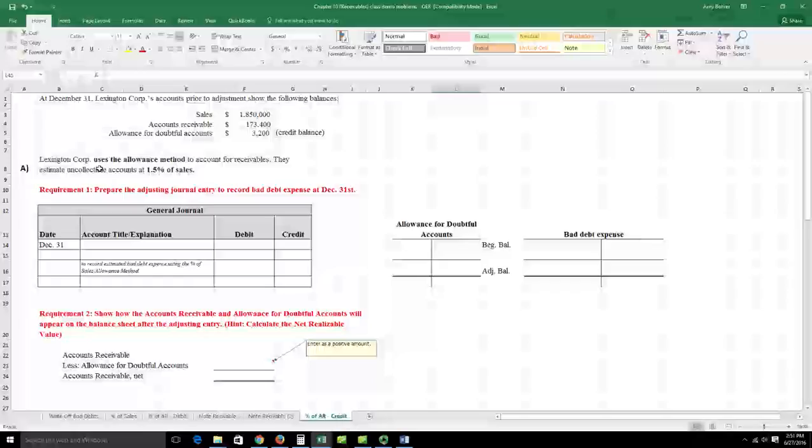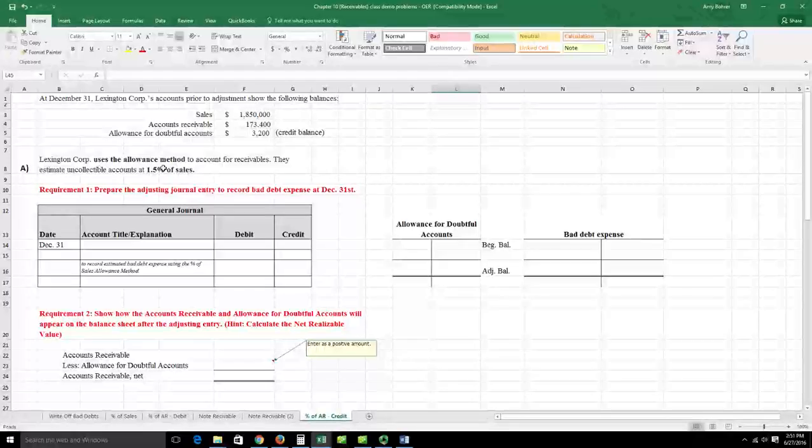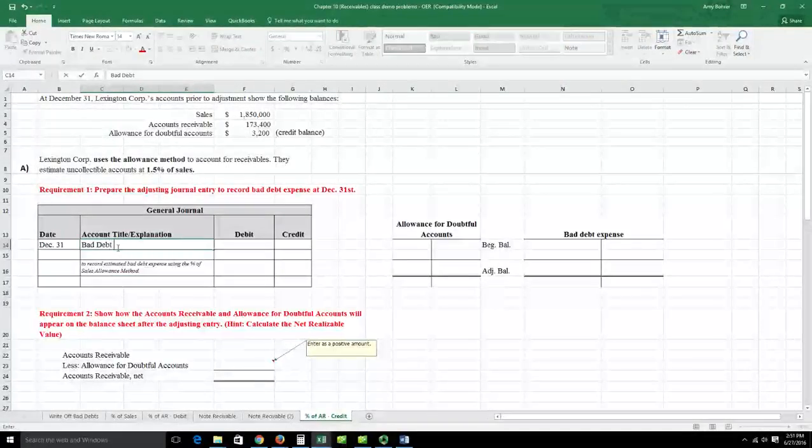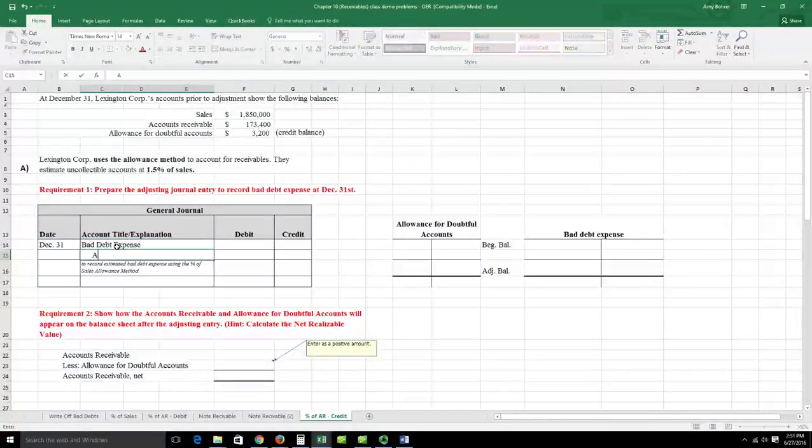So again, as soon as we see that the company is using the allowance method, you could go ahead and fill in the accounts that you're going to debit and credit, because we know that when we're using the allowance method, we're going to be making this adjusting journal entry to debit bad debt expense and credit the allowance for doubtful accounts, always.